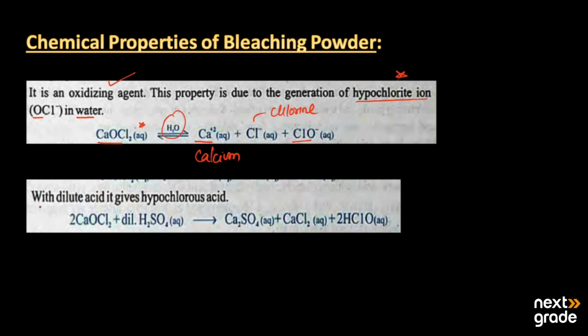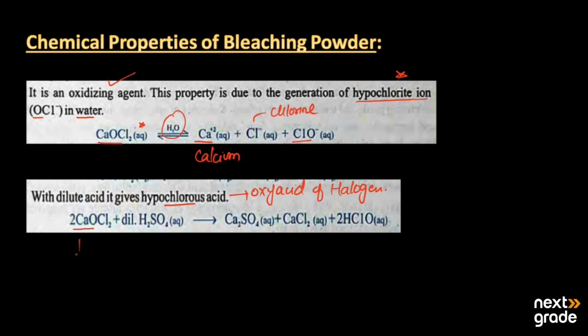Its second chemical reaction is with dilute acid, and it produces hypochlorous acid. Hypochlorous acid is basically an oxyacid of halogens. So this method can be used for the preparation of hypochlorous acid.